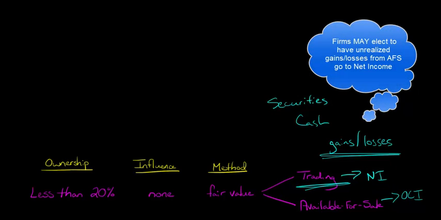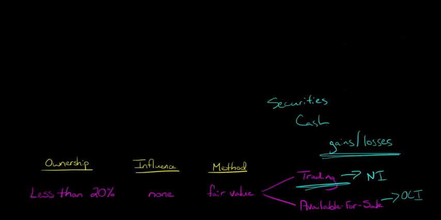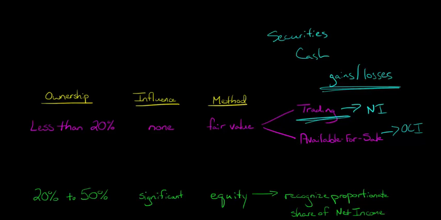So it's not going to go through net income. So you're not going to realize any gains or losses on this available for sale account through net income until you actually sell those securities and realize an actual gain or loss. We'll get more into that when we have individual videos on trading securities and then the AFS securities. But for the time being, let's just focus on the next thing.